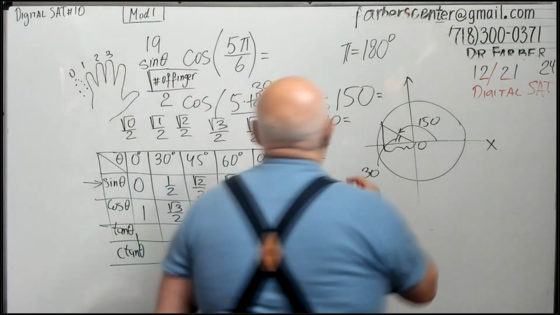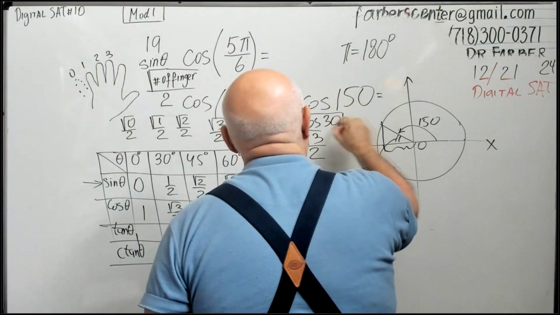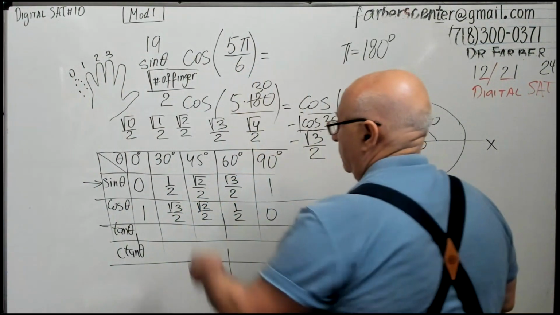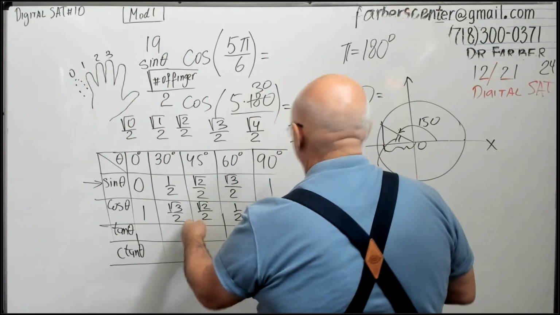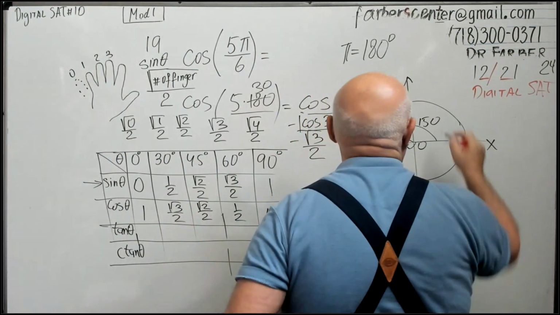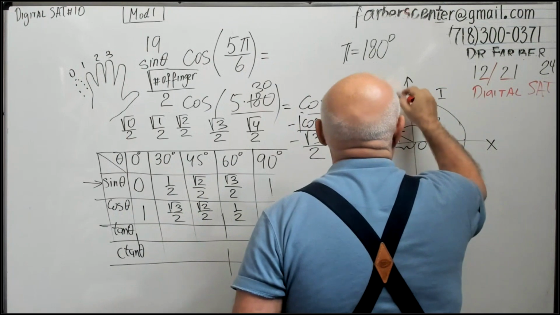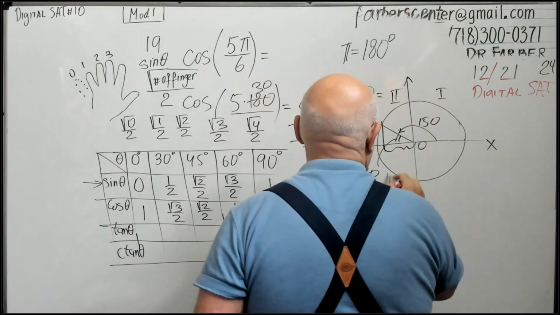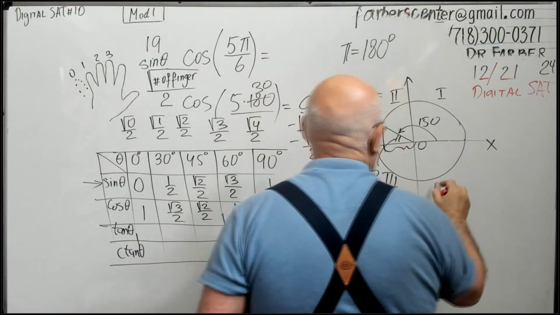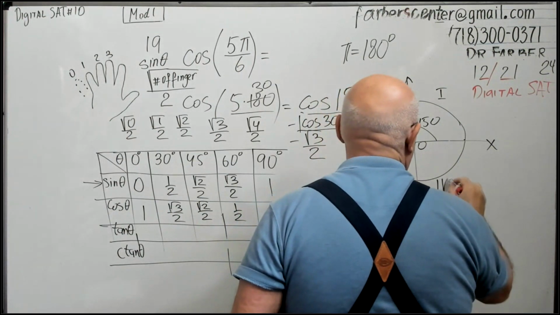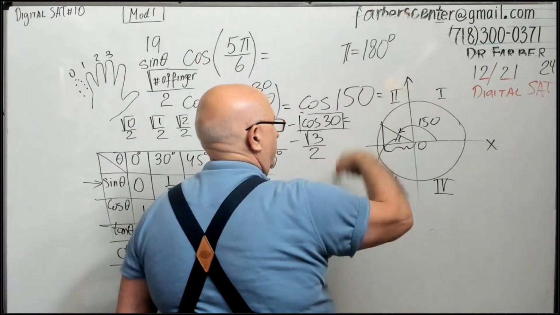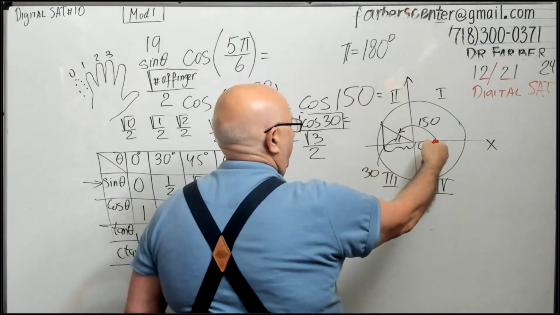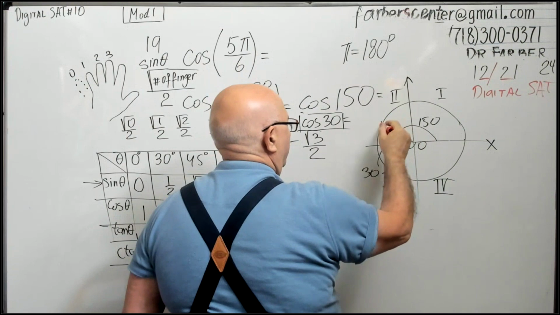In our case, look at this. How do I use this table? Cosine of 30, square root of 3 over 2. But how are we supposed to know the sign? This is the first quadrant, the second quadrant, the third quadrant, and the fourth quadrant. We always count angle counterclockwise. 150 degrees means angle in the second quadrant.